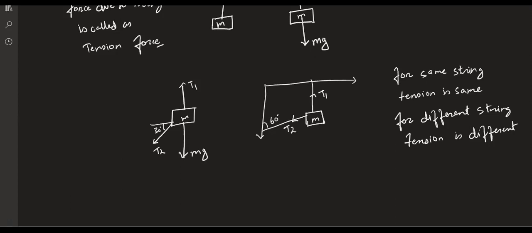Which diagram? This one is the actual diagram, and this one, B, is your free body diagram. If this is 60 degree, then this angle will be 30 degree. Got it?